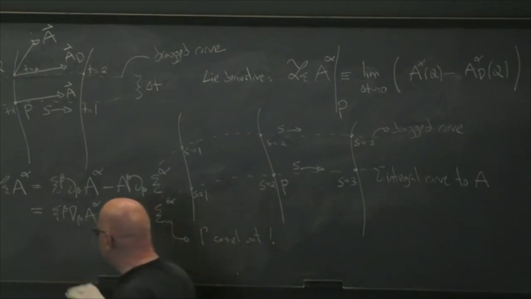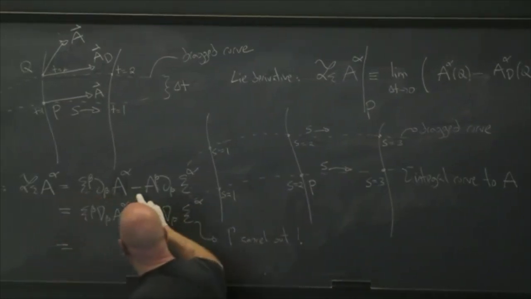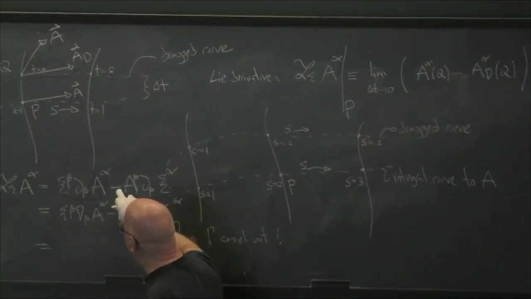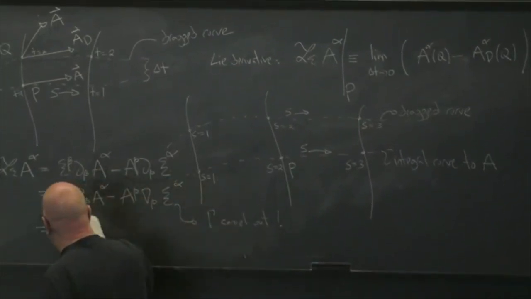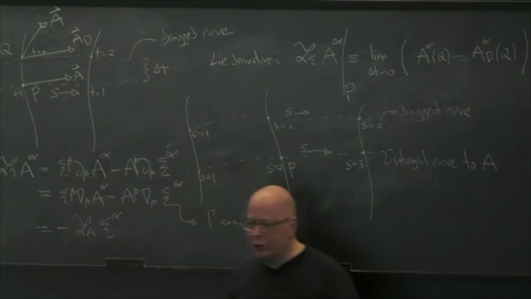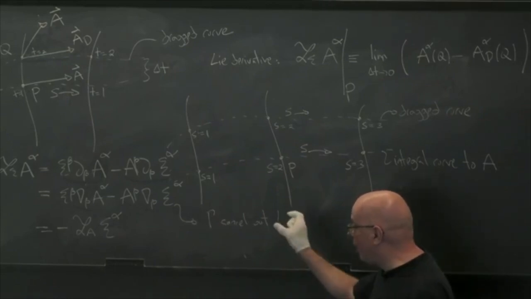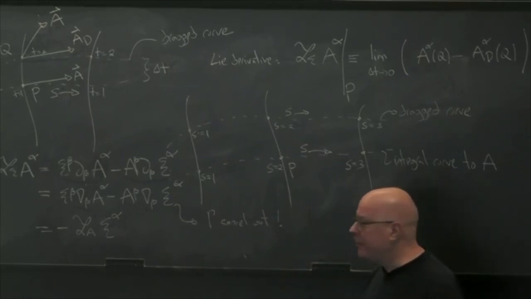The other thing that you may notice here is that if I factorize a minus sign, I'm getting exactly the same operation, but inverted. So this is exactly the same thing as the Lie derivative on C in the direction of A. So the operation of Lie derivative on vectors is antisymmetric this way.